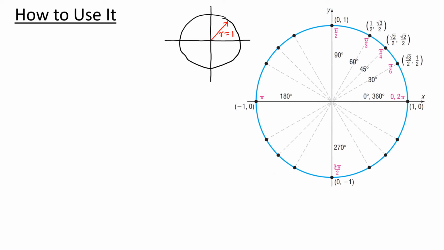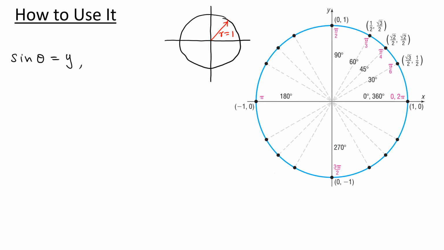So if the radius is equal to 1, dividing by 1 does not change anything. That means we can ignore that. So because of that, we're going to get something easy. For example, sine theta is the y coordinate divided by r. But since r is equal to 1, it is just the y coordinate.